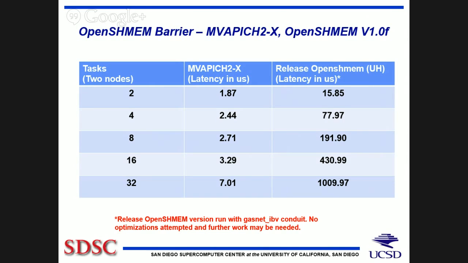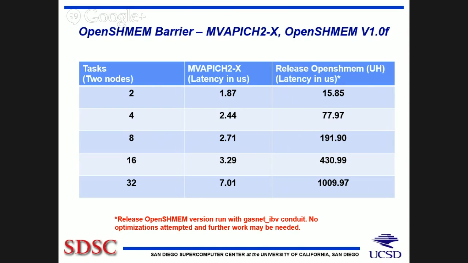And the story really gets even worse when you start looking at collectives. Again, I just have 2 tasks and I start building up the number of cores per node from essentially 2 tasks to 32 tasks. And again, MVAPICH2-X is doing pretty well with the barrier all across the board.